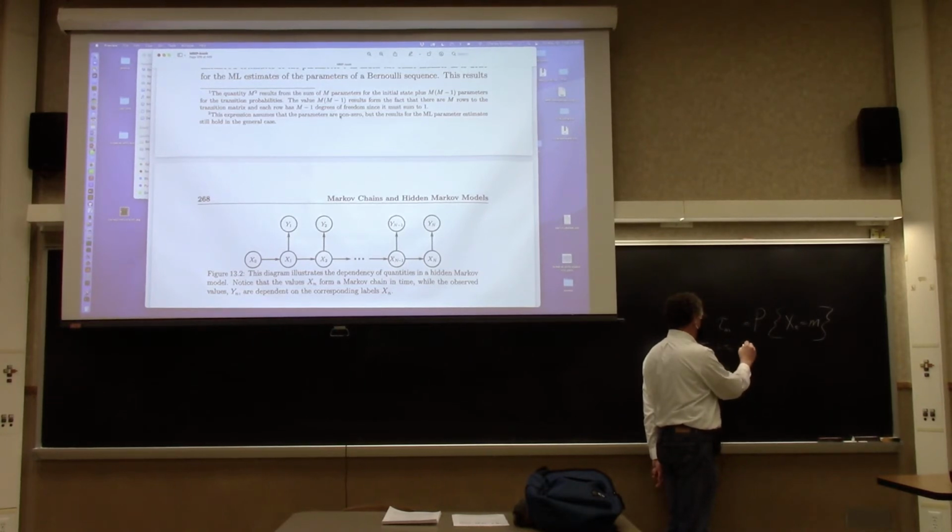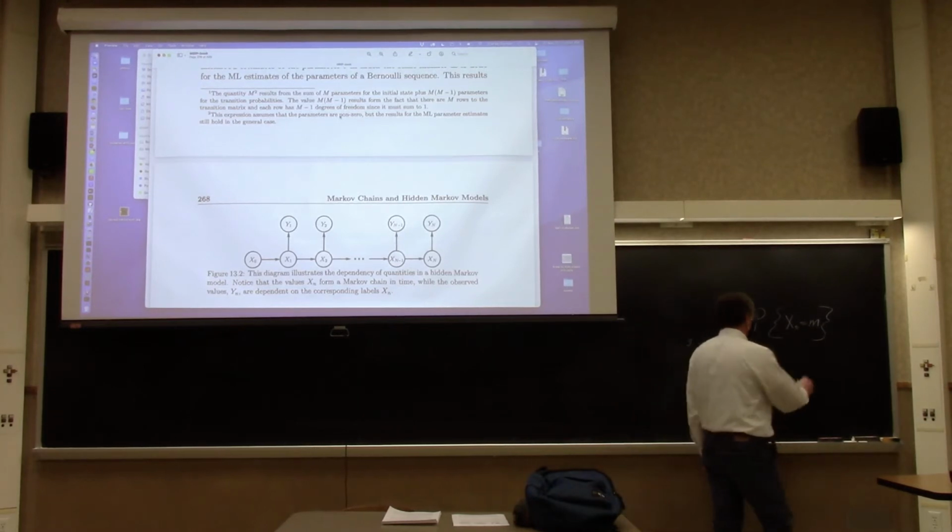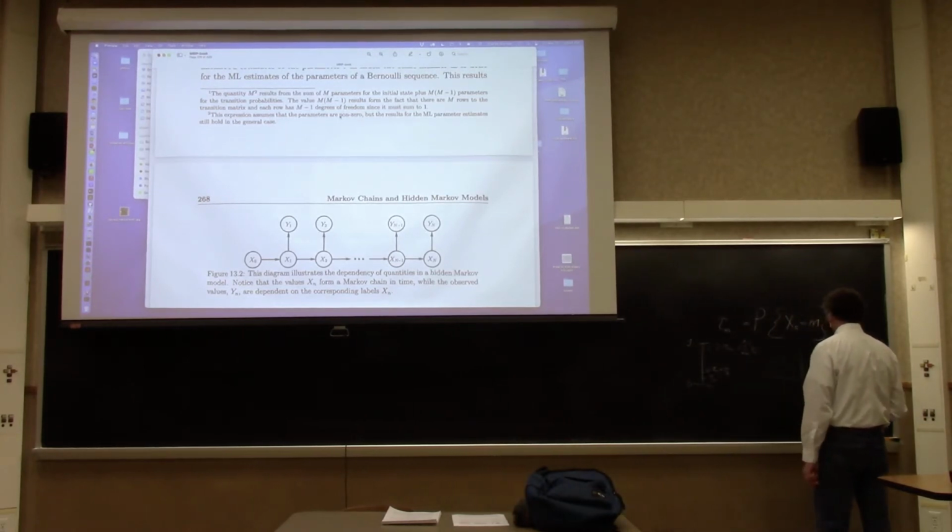But that's also equal to the sum from i equals 0 to m minus 2 of tau i, right? So that function looks like what? It's constant, and it jumps like that.